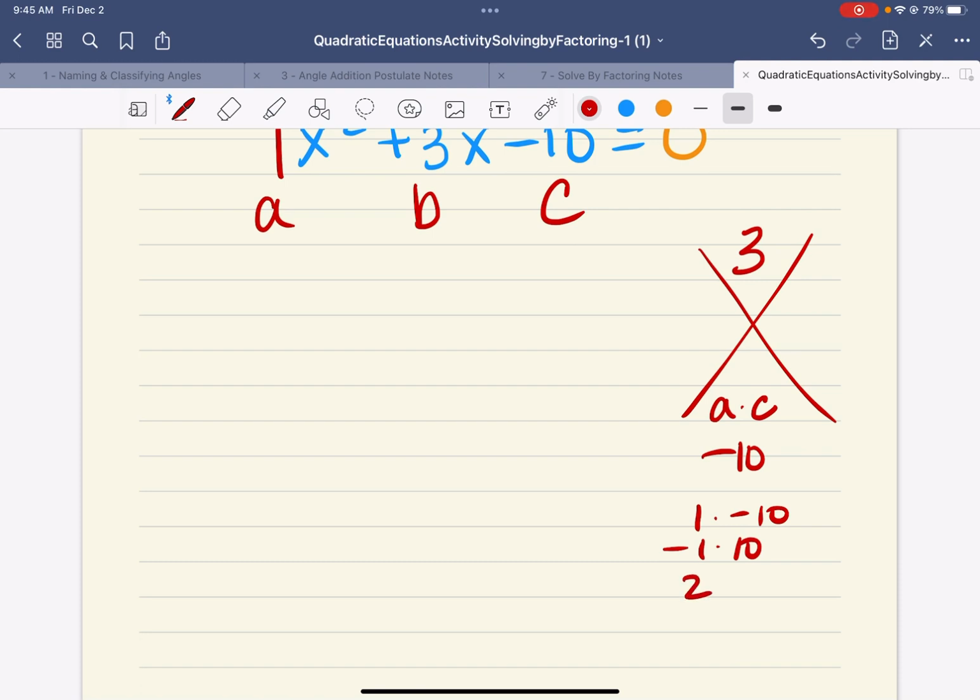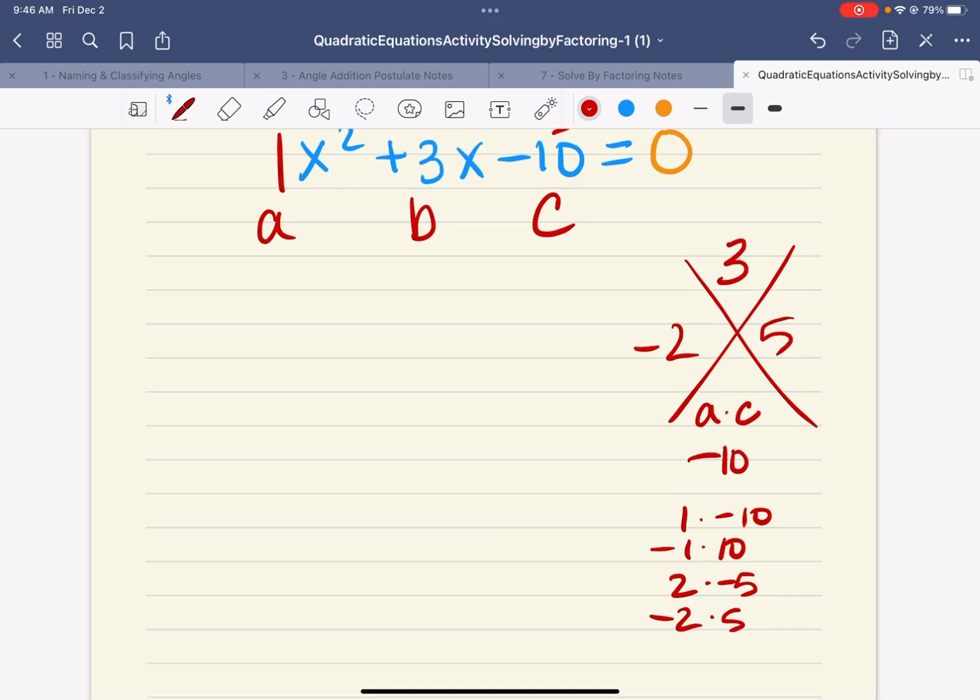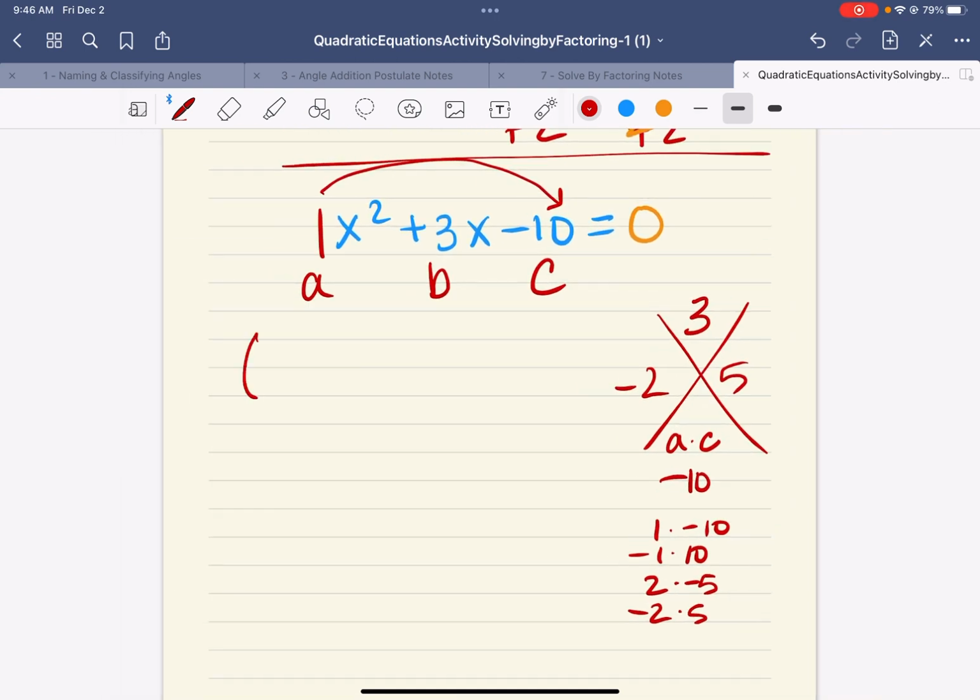What about 2 and negative 5? Will that give us 3? What about negative 2 and positive 5? Yeah, those two would add up to 3. So our factors are going to be x minus 2 times x plus 5 equals 0. If we divide by our a value, it is 1, so that's not going to change anything.